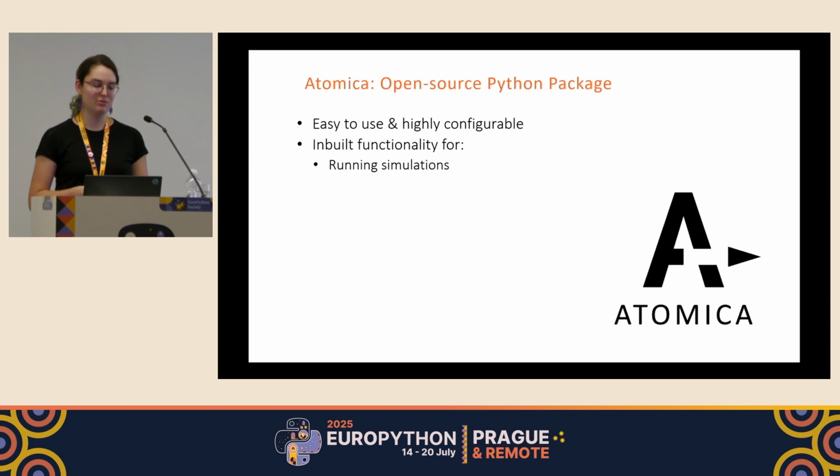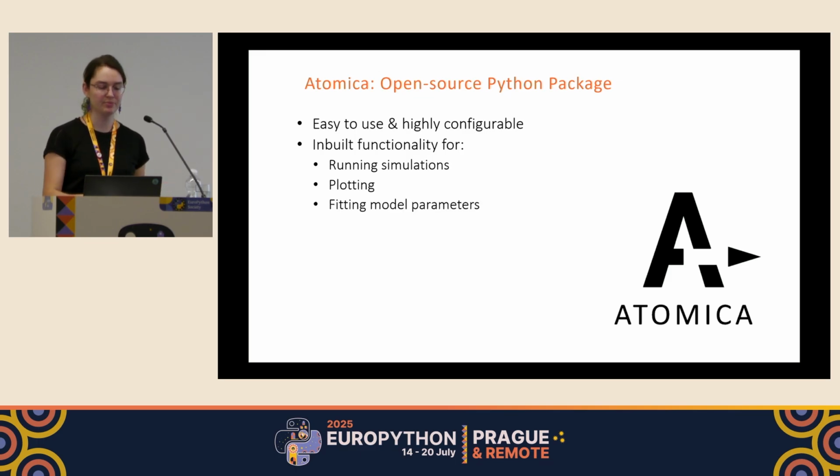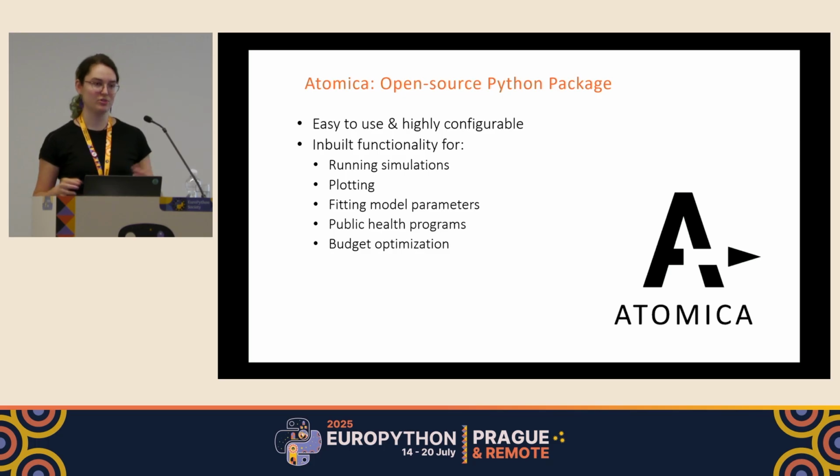So this includes, of course, the basic functionality of building a model and running the simulation, but also plotting functionality, fitting model parameters to the data, implementing different types of public health programs, and finally, budget optimization. So once we have those programs, how do we allocate funding to the different public health programs in the optimal way?